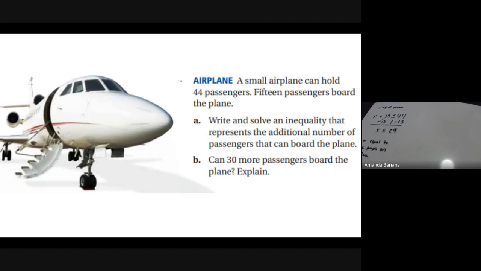Well, that's kind of like checking if this is a solution to this inequality, which is something we did in the notes for today. I said, is some number a solution to that inequality? That's what I'm saying here. Is 30 a solution to this inequality? So if I have x is less than or equal to 29, if I plug in 30 there, is this a true statement? Is 30 less than or equal to 29?